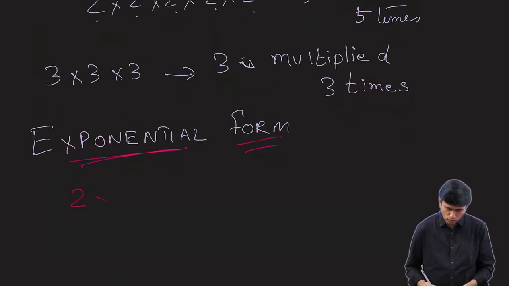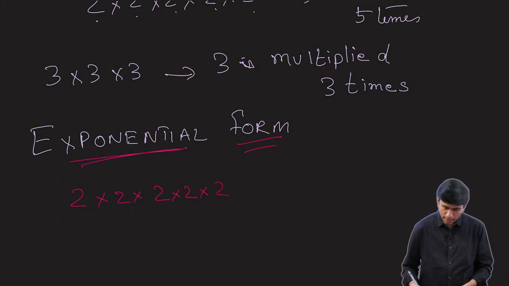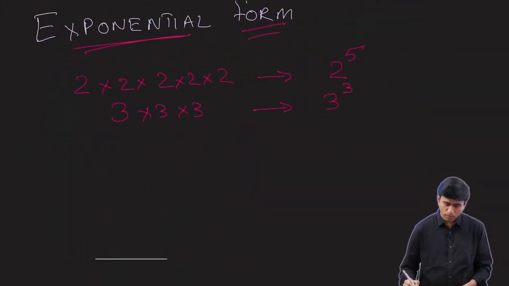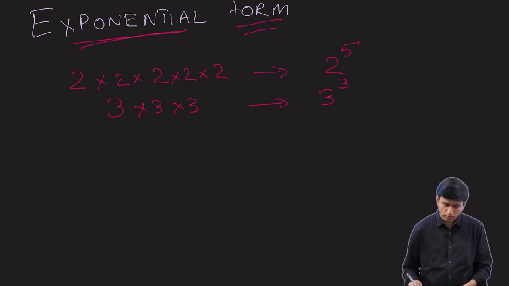So 2 into 2 into 2 into 2 into 2 can be written as 2 to the power of 5 or 2 raised to 5. 3 into 3 into 3 can be written as 3 to the power of 3 or 3 raised to 3. This is how you write it in exponential form. 2 to the power of 5, 3 to the power of 3.